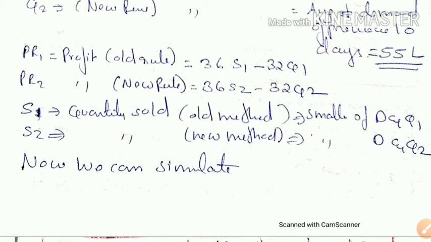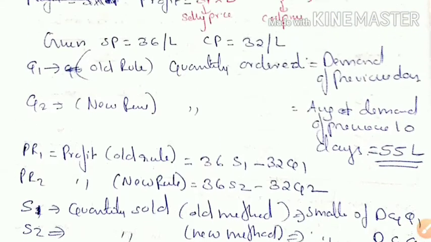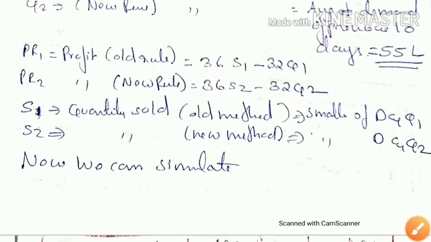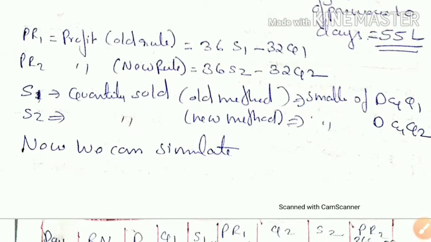PR1 is the profit of the old rule, that is 36S1 minus 32Q1, and PR2 is the profit of the new rule, that is 36S2 minus 32Q2, where 36 is the selling price and 32 is the cost price. S1 is the quantity sold in the old method, equal to the smaller of demand and Q1. S2 is the quantity sold according to the new method, calculated as the smaller of demand and Q2.